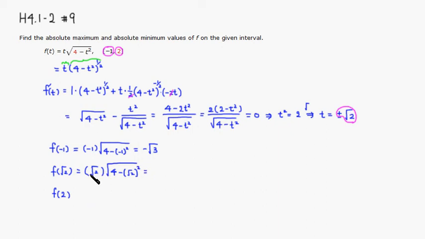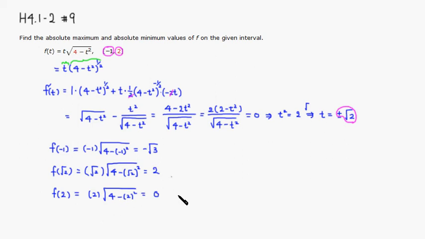So that's square root of 2 times another square root of 2, so that's positive 2. Right, if you plug in 2, it's going to be 2 times square root of 4 minus 2 squared, which is going to be 4 minus 4, so that's 0.